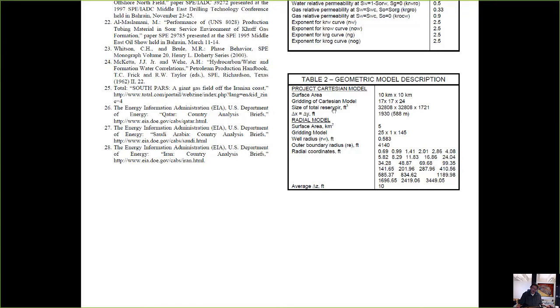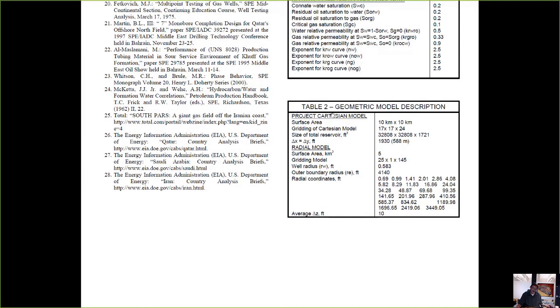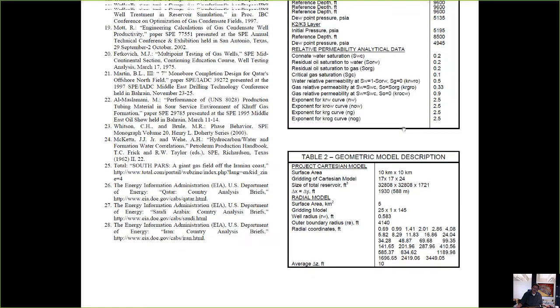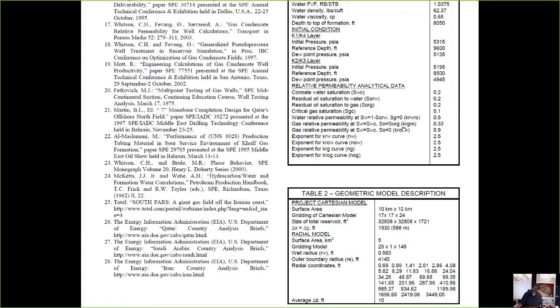Yeah, surface area. This is for the entire project, 10 by 10 kilometers. Okay, we can calculate the initial gas and initial condensate in place for this surface area. So we've got the area, 10 by 10 kilometers. We've got the thickness, porosity, water saturation.